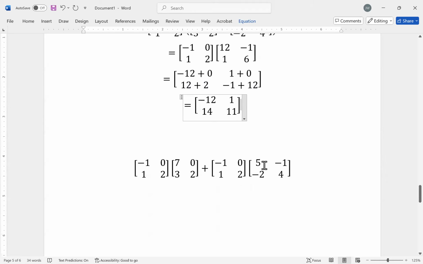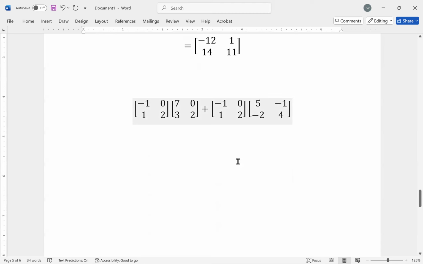Now, what if we would have multiplied this matrix times 7, 0, 3, 2, and then this matrix times 5, -1, -2, 4, and then added. Let's go ahead and do that. So I'm going to multiply the two matrices first and then add. Now I'm going to do this quickly. In the first case, -1 times 7 is a -7, plus 0 times 3, that's a 0.